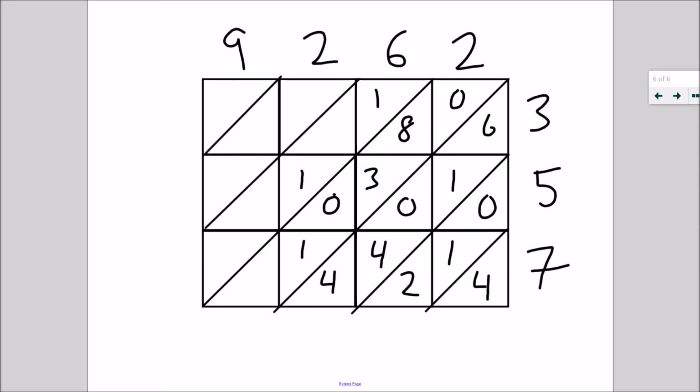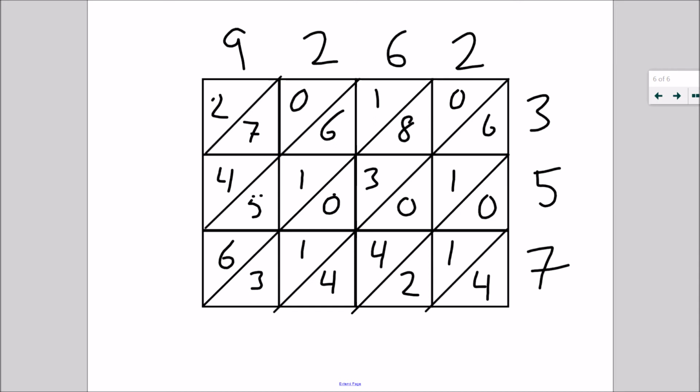And 2 times 3 is 6. Last row, pardon me, last column. 9 times 3 is 27. 9 times 5 is 45. And 9 times 7 is 63.